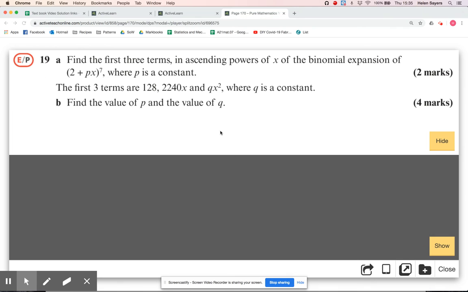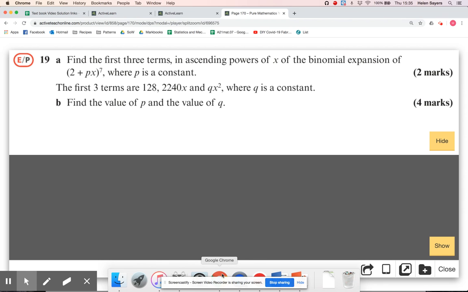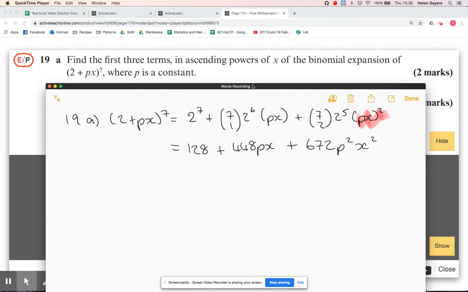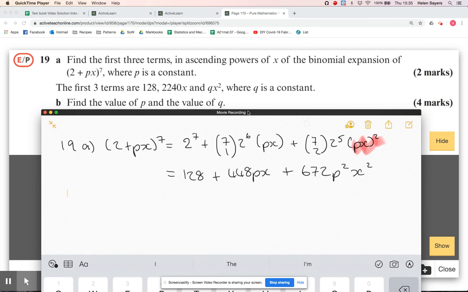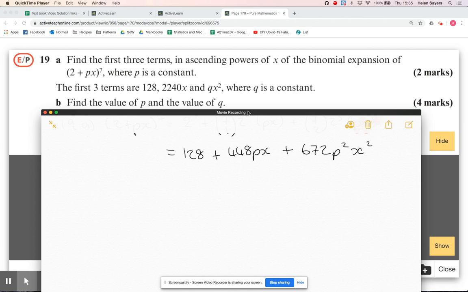Okay, so then they tell me what the first three terms actually are, and they ask me to find p and q. So the 128 isn't really very helpful, but at least it's telling me that I am correct so far. They're telling me the first term is 128, which we already had. But what is useful is the second term is 2240x, and we know that that's our x term.